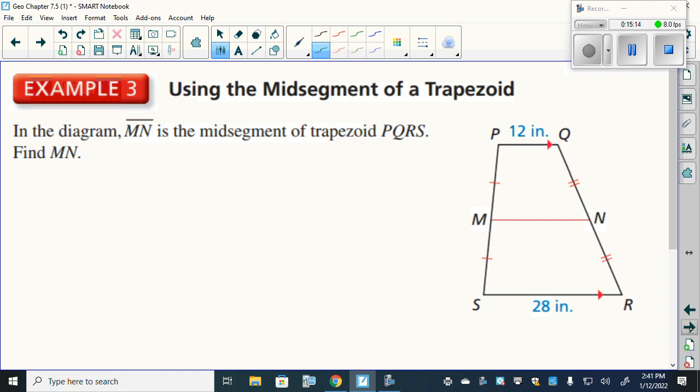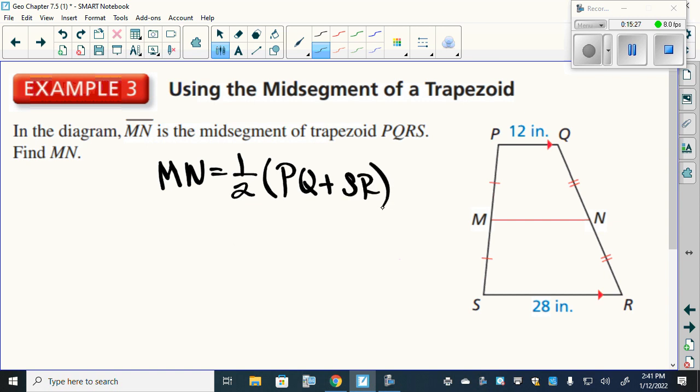So if we wanted to find this and write this out in a pure mathematical sense, we could say that MN is equal to half of PQ plus XR. Well, really, we could say that whatever our length is, and we're wanting to find x, that mid-segment is equal to half of what? 12?